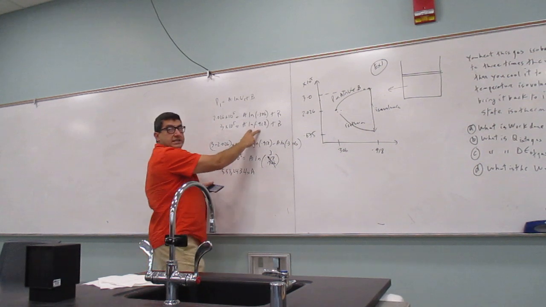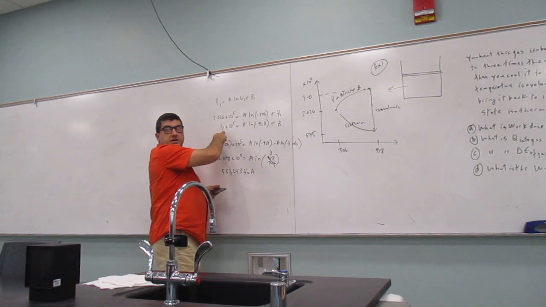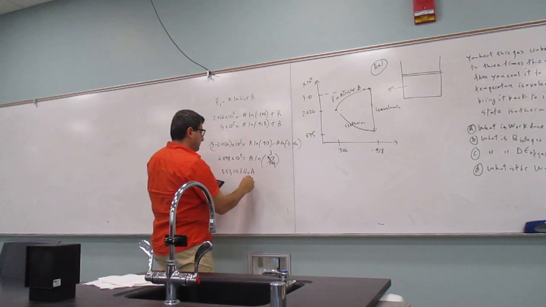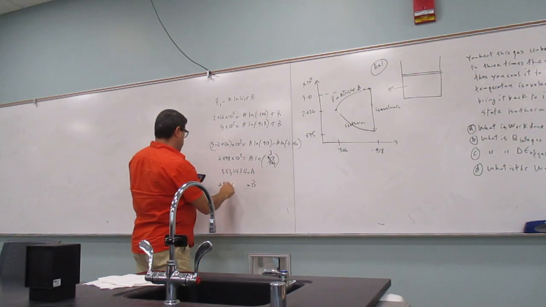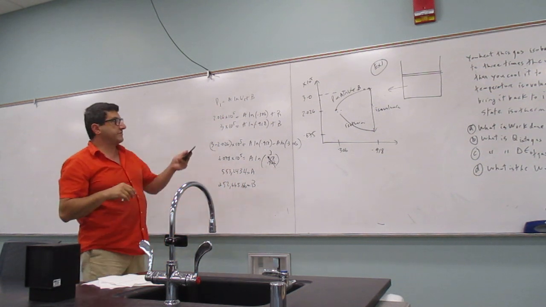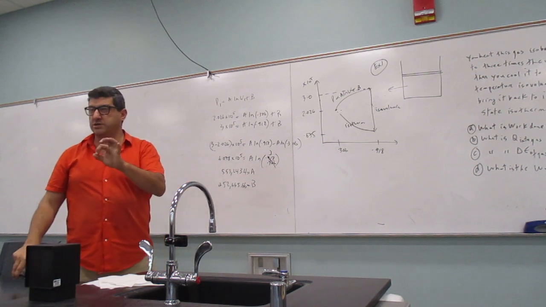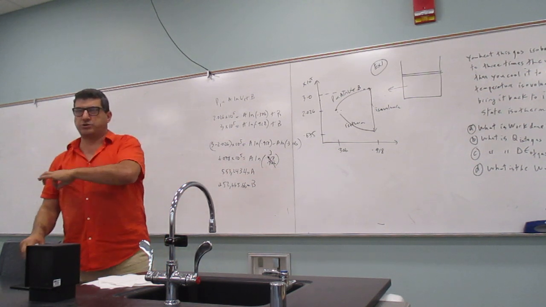This one came out negative, and when you take it over there, you add it. So then B comes out to be 252,665.66. Okay, so now I have the equation. I can do the work in stage 1, work in stage 2, and all of that, right?